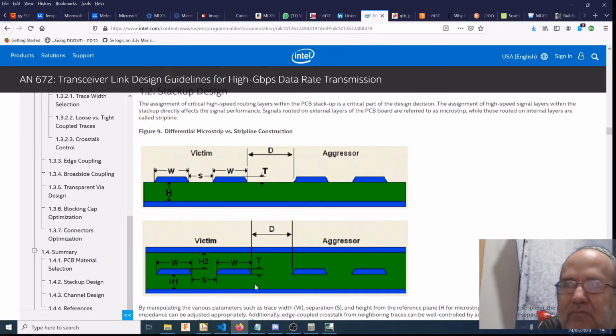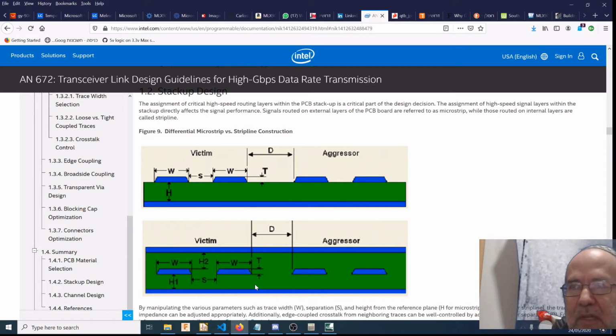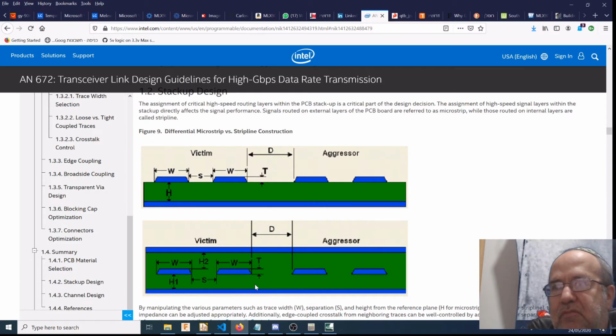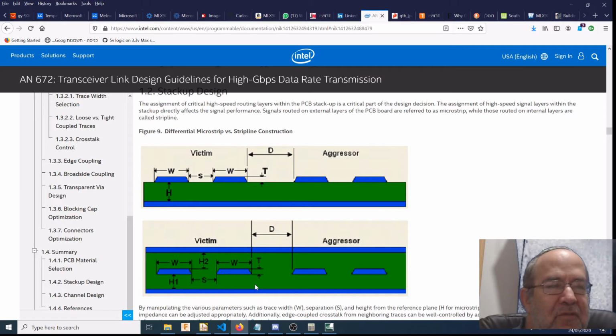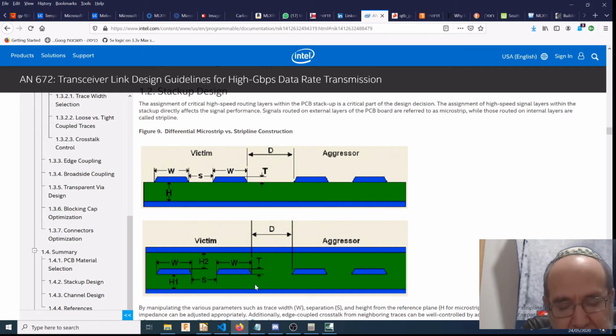Okay. We're now talking about, I'm not talking about a different concept, I'm talking about crosstalk, or one can call it coupling.